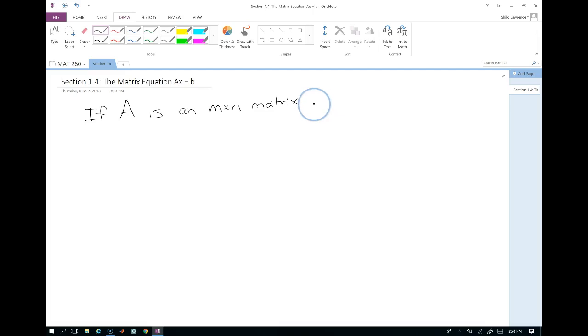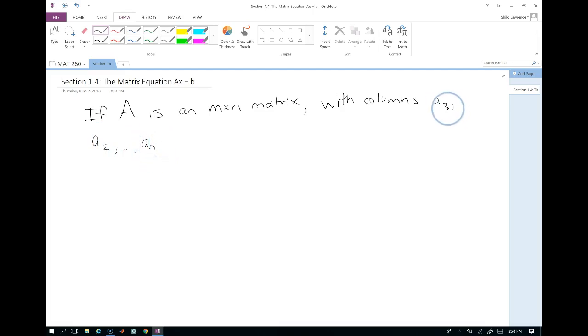If A is an m by n matrix with columns A sub 1, A sub 2, all the way out to A sub n.